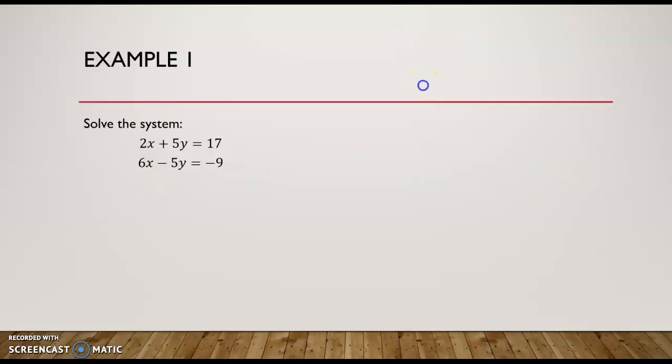So example 1, what we are looking for is same number, which is our coefficient, but different signs.